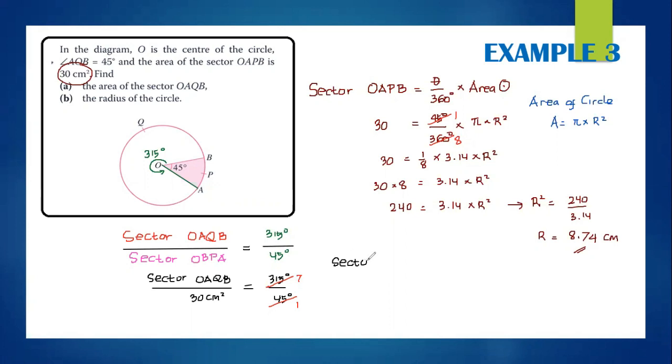Sector OAQB is 7 times 30 centimeters square. So the sector OAQB is 210 centimeter square. That's a very simple one.